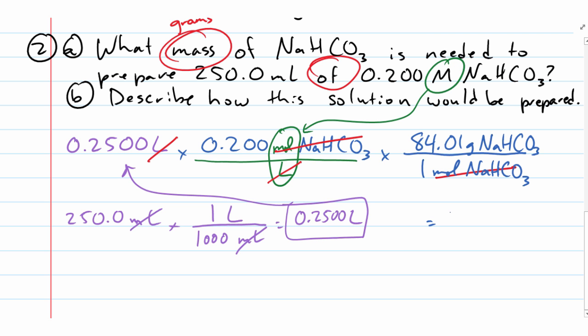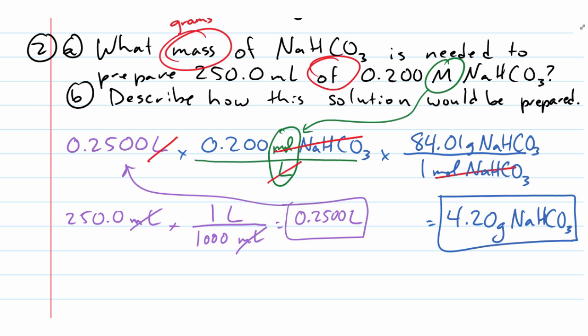Should be 3. So we round this out to 4.20 grams of sodium bicarbonate. And that then is the answer. So that's part A. Any questions on part A?